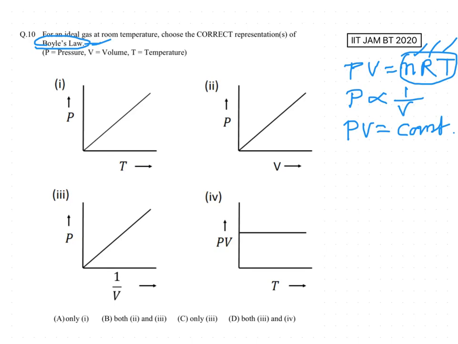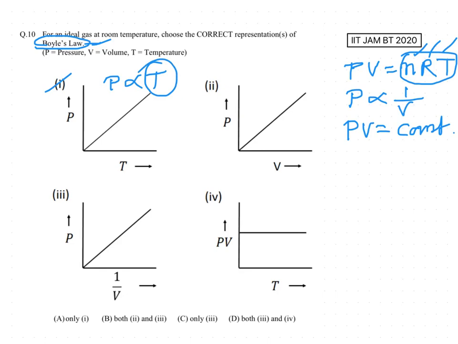So the first graph, P and T, here along the y axis they plotted P, and along the x axis T is plotted. So this PT graph represents P is proportional to T, which is true, but in case of Boyle's law, this T is not varying, this T is constant.